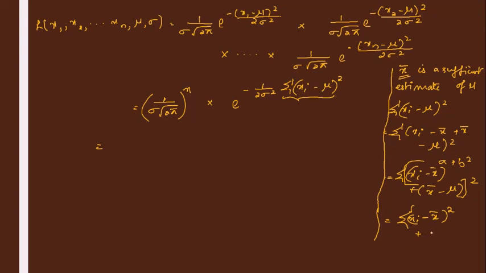Plus our third term will be x bar minus mu the whole square.